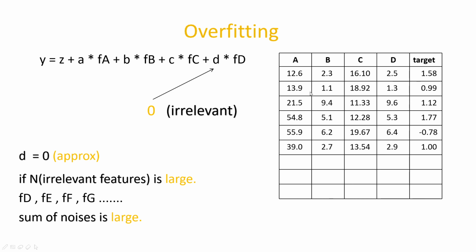Whatever noise b was having, d also has. Now if you consider a lot of collinear features, they will have a lot of noise, because they have derived their noise from different columns, and no added information, because the information was already added before. So this is how a model overfits, because overfitting is basically a model trying to learn the noise.